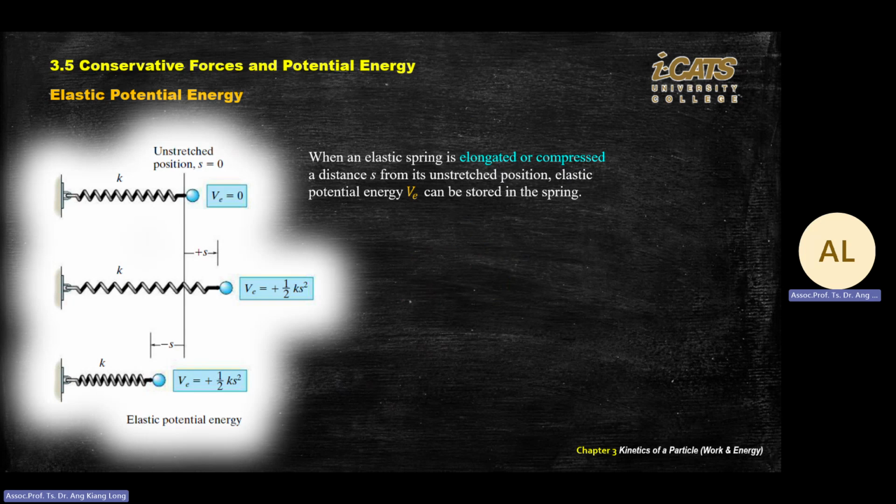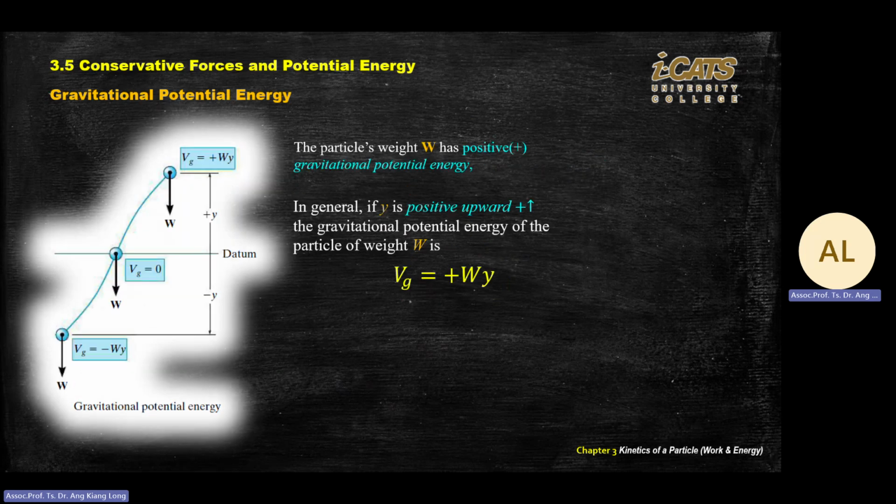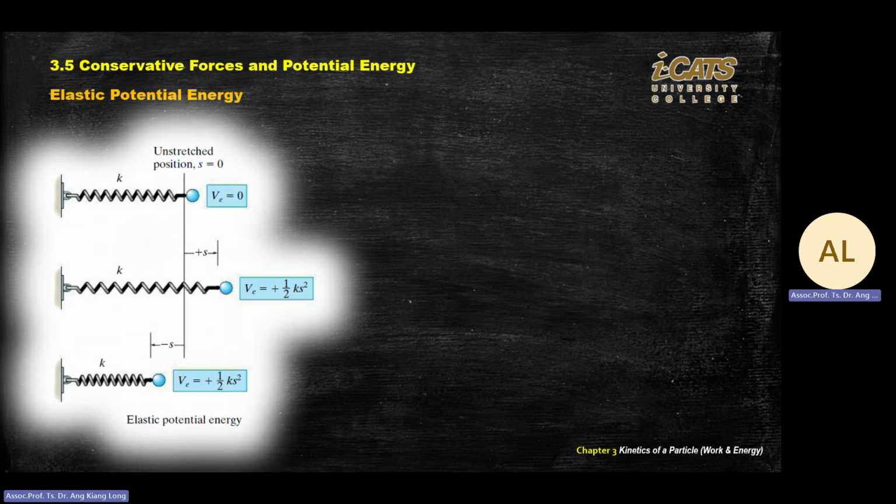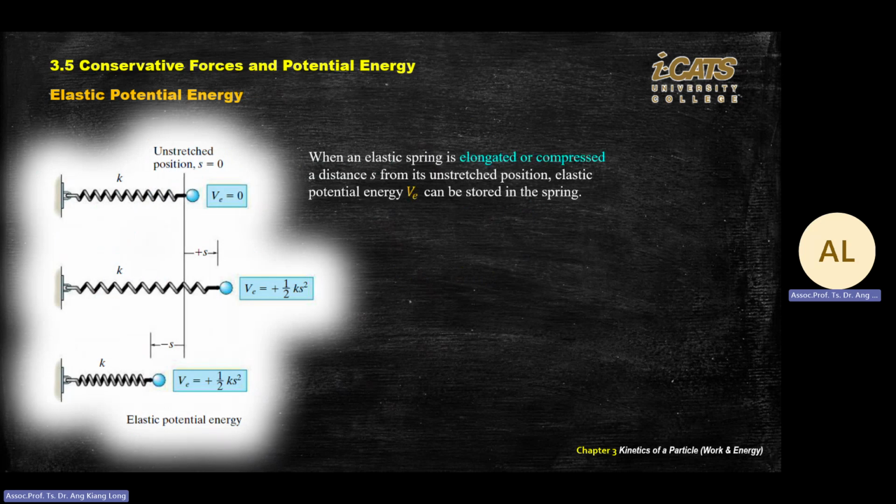So there are two things here. One is work or the gravitational effect, W, depending on the datum: above the datum positive, below the datum negative. However, if you see a spring in the question, your energy for the spring will always be positive. And you can straight away use half k s squared to calculate the potential energy for the spring.